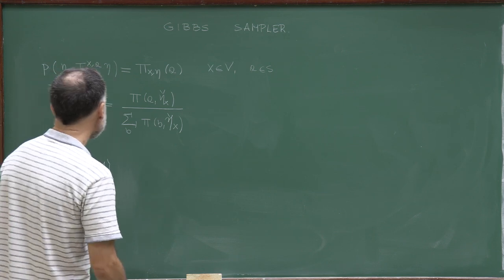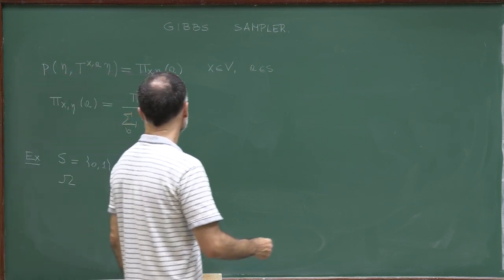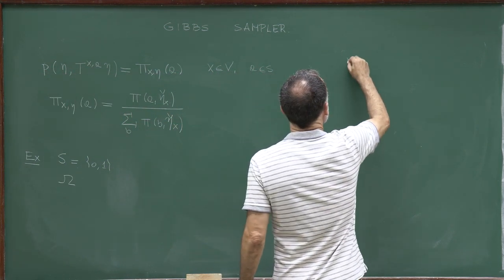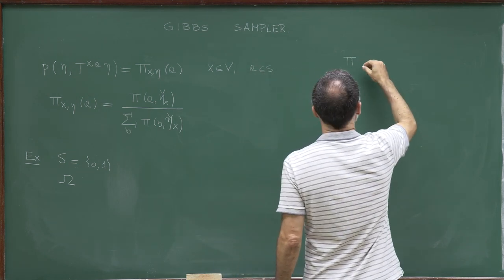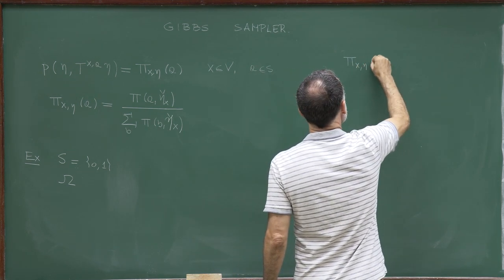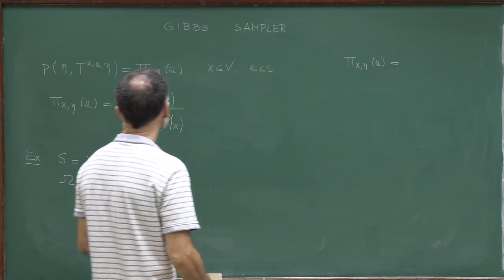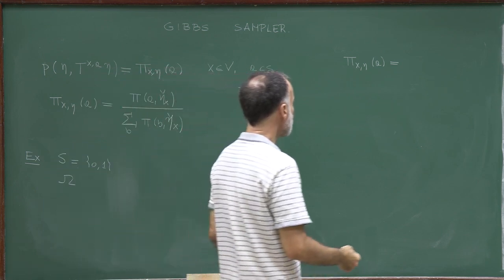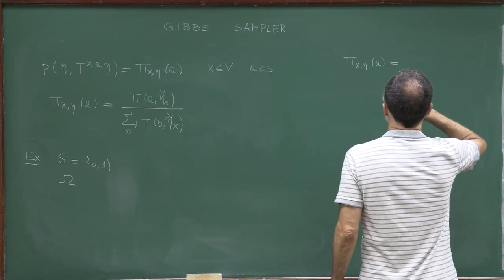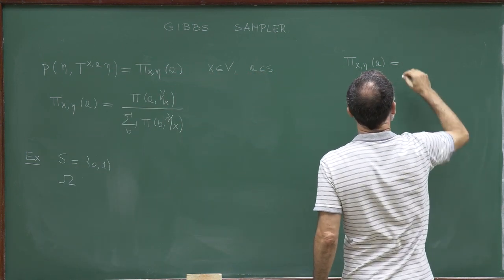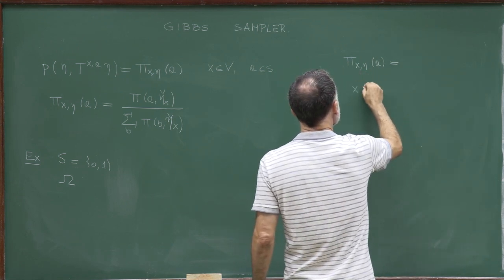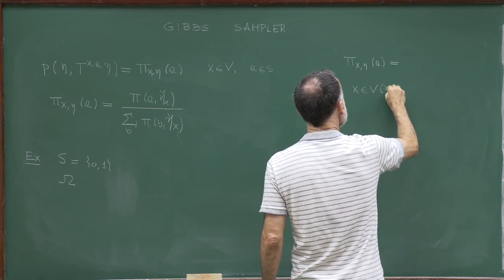So in that case, what is pi x eta of a? Well, there are two possibilities. Either x belongs to the set V eta.